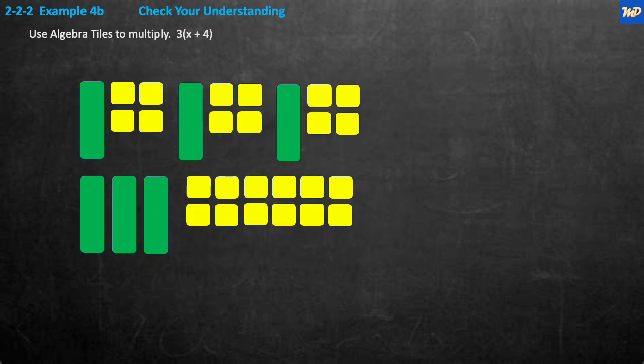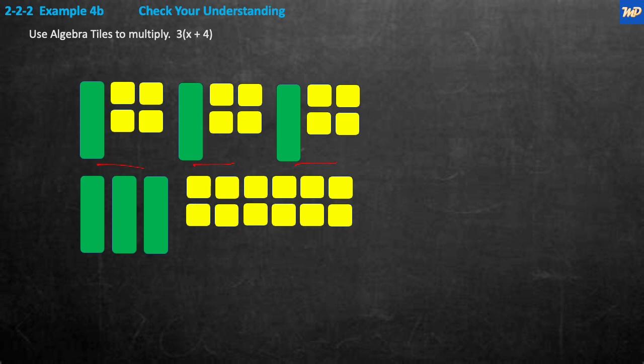Okay, example 4b. Check your understanding. The answer's already here because of all these tiles. It wasn't easy for me to break it up and let you take time to do it yourself. I decided to do it all on one slide. We'll just look at it together. Use algebra tiles to multiply 3 times the quantity x plus 4. Well, in this case, we have 3 groups. Here's a group, here's a group, and here's a group. So there's our 3.